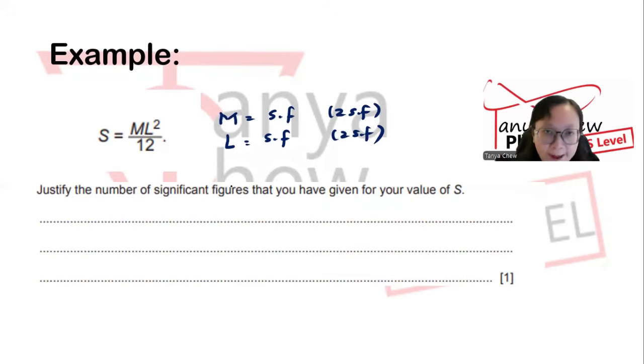But if M has 3 significant figures and L has 2 significant figures, then it is up to you to judge.